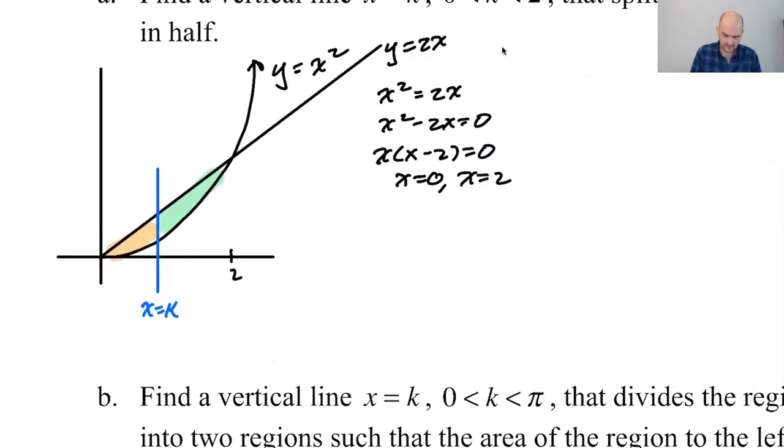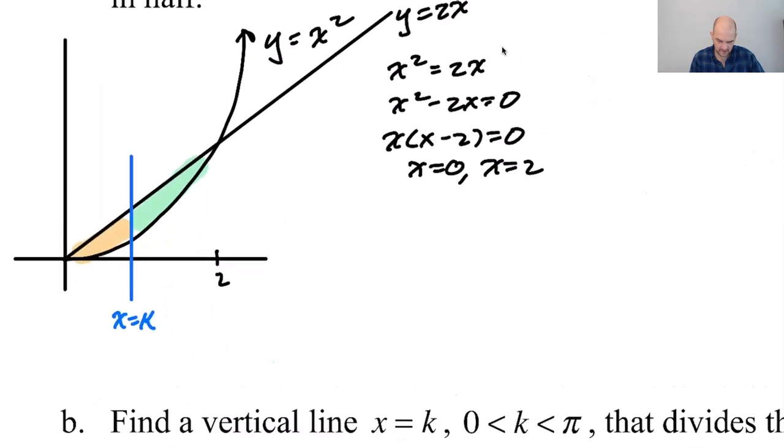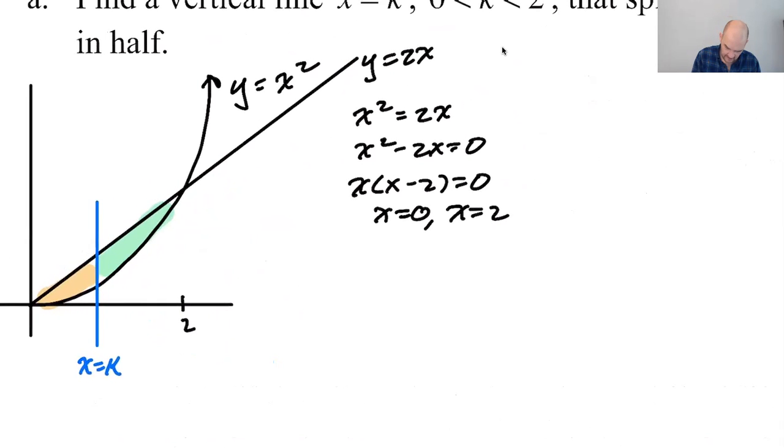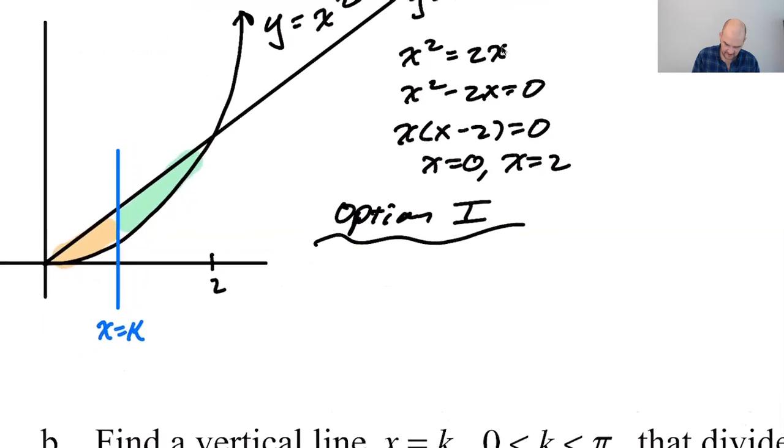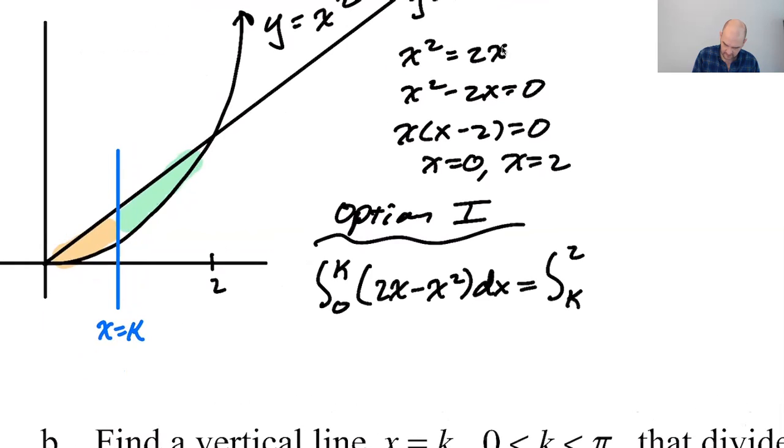So there's a couple of things we can do. Option number 1, and I think option number 1 makes a lot of sense. So I'm going to write it here and then I might pick it up and move it. Option 1: if I just do the integral from 0 to k of top take away bottom, so 2x minus x squared, that should be equal to the integral from k to 2 of 2x minus x squared.